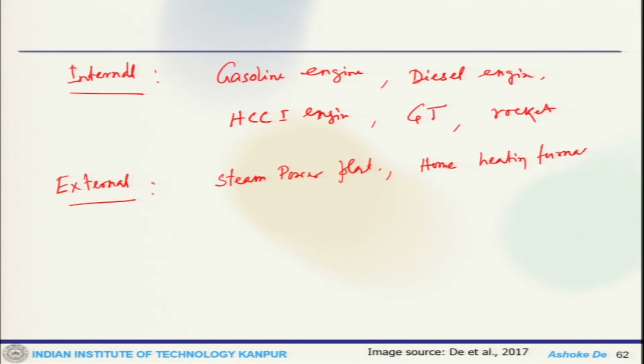Now the external combustion engine, you can think about steam power plant, then home heating furnace by gas or oil, Stirling engine.